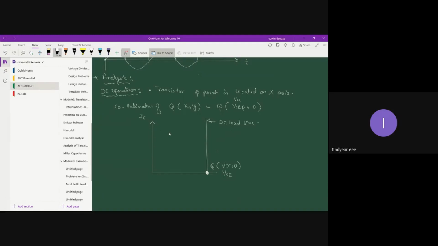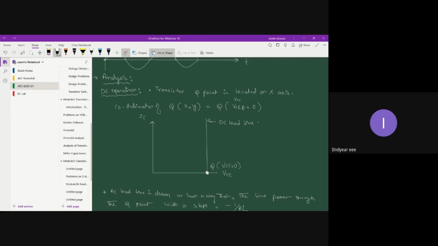Now the AC load line is drawn in such a way that the line passes through the Q point with a slope equal to minus 1 by RL dash.